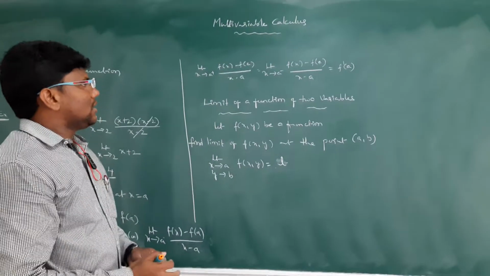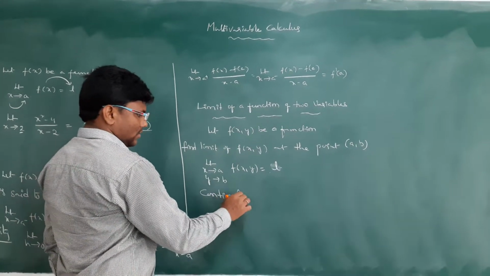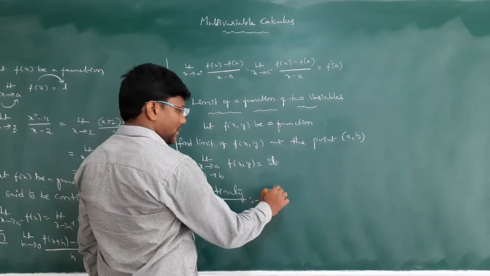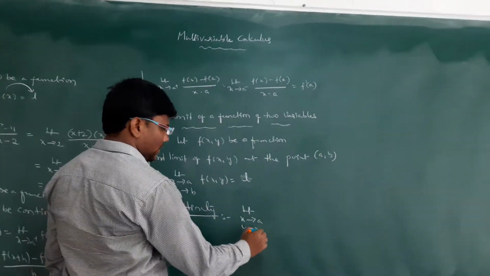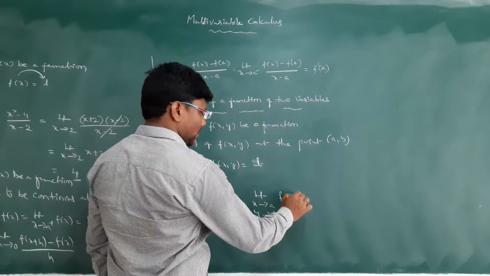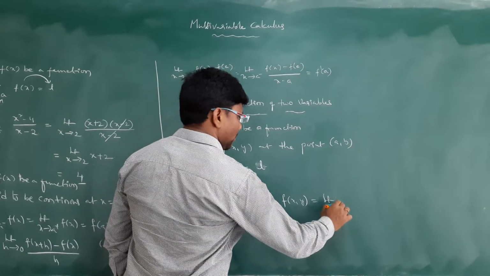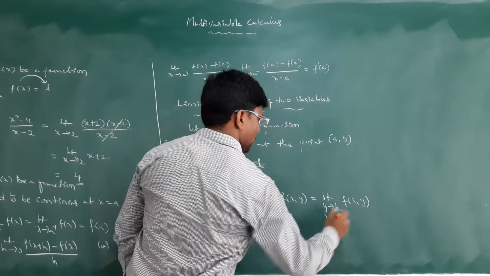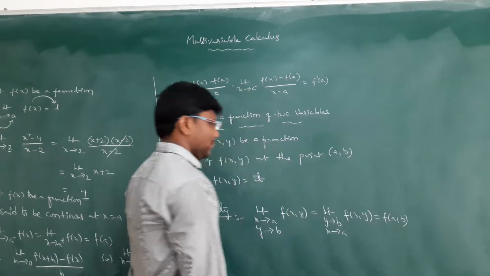Next, what is continuity of a function of two variables? A function f of x comma y is said to be continuous at the point a comma b if limit x tends to a, y tends to b, f of x comma y is equal to limit y tends to b, x tends to a, f of x comma y, and it is equal to the functional value f of a comma b.